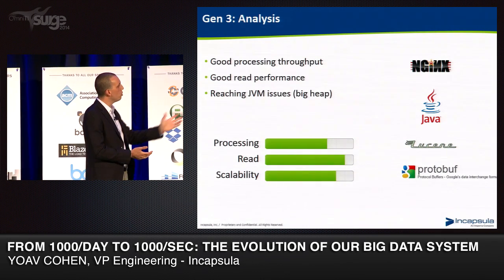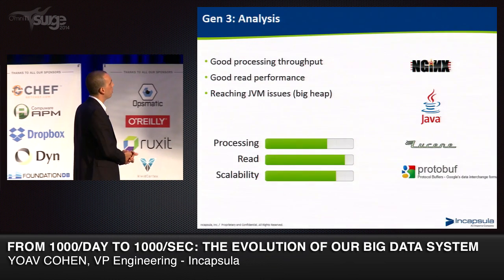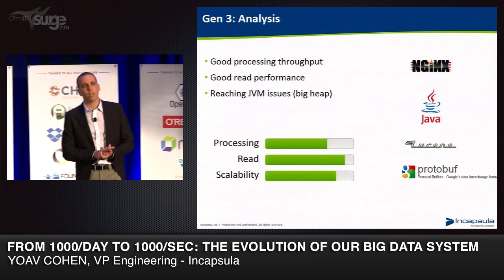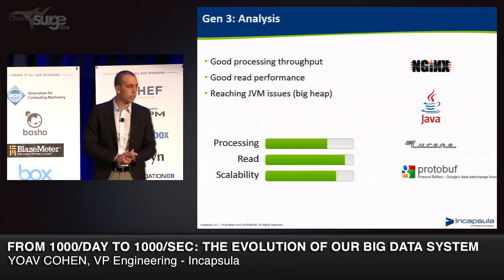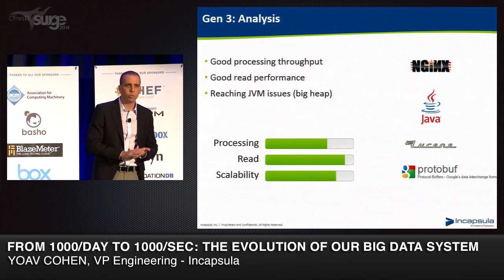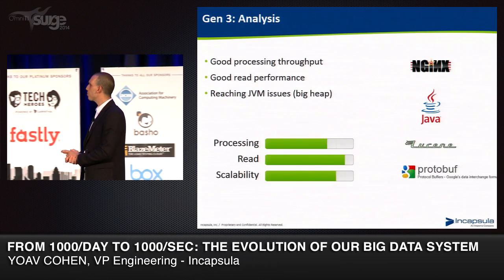And to give you an overall score of the solution, I think that processing-wise, we're good. We're doing 40 megs per second on a single node, which is OK. Read performance is very good. We don't have any blocks, don't have any issues with reading.